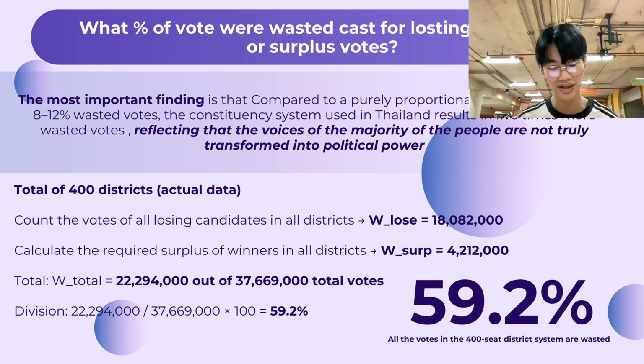So we divide the 22 million 294,000, multiply by 37 million 669,000, divide by 100, equal 69.2%. The 69.2% is all the wasted votes in the 400 districts.